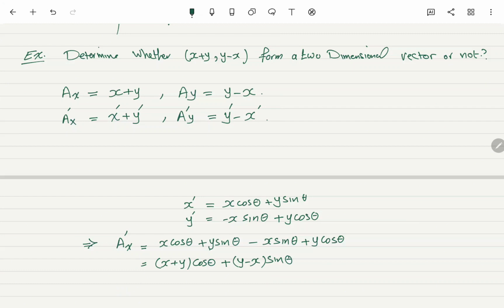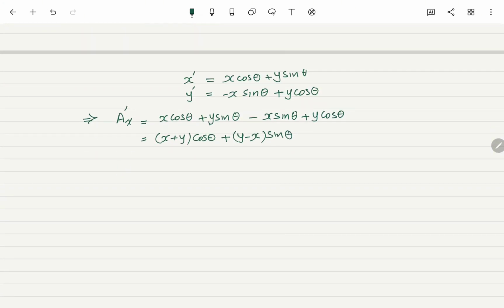So ax prime equal to ax cosine theta plus ay sine theta.